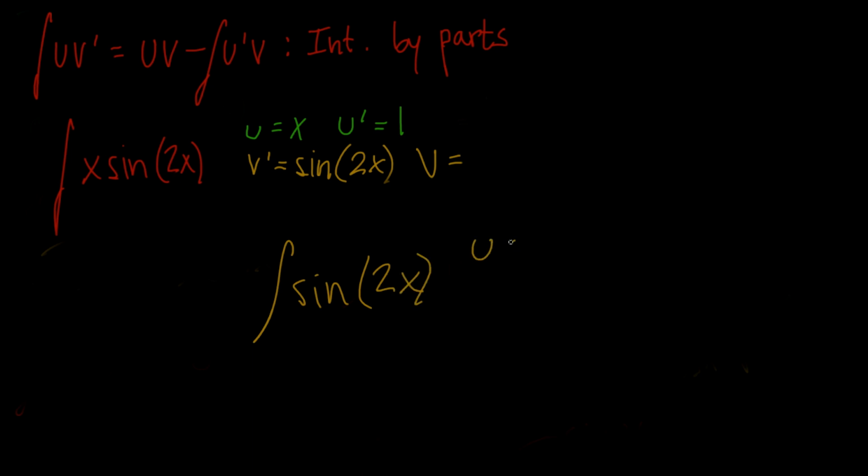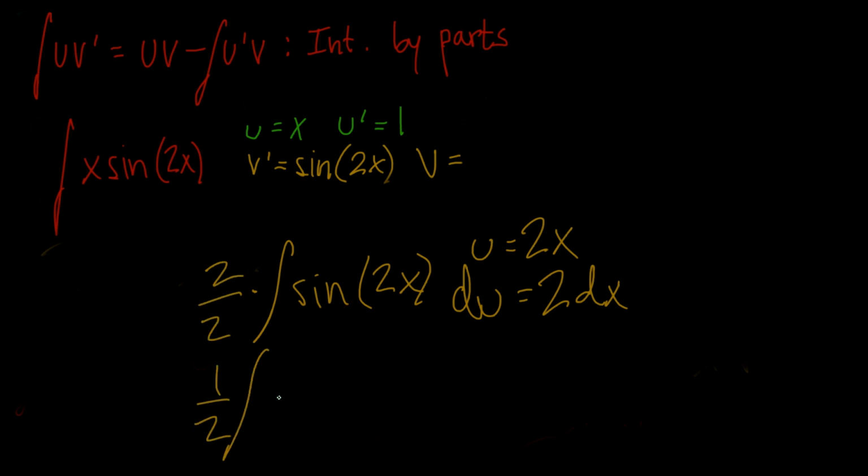We're going to do a quick u substitution equal to 2x. So our du is equal to 2 dx. And because we don't have a 2 here, we have to multiply by 2 over 2, which gives us 1/2 of sine of u. That dx and that top 2 cancel out to give us a du.